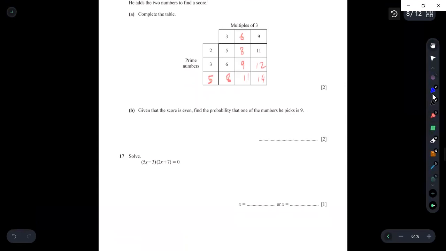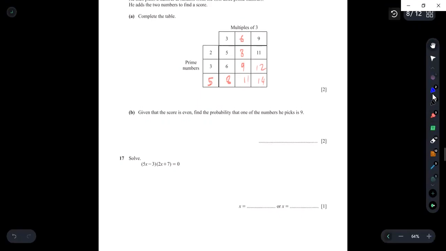Given that the score is even, find the probability that one of the numbers he picks is 9. So it's given that, so it means it's conditional probability. A conditional probability means we are already having some information prior to finding the probability. What conditional information is there that we need to analyze carefully?